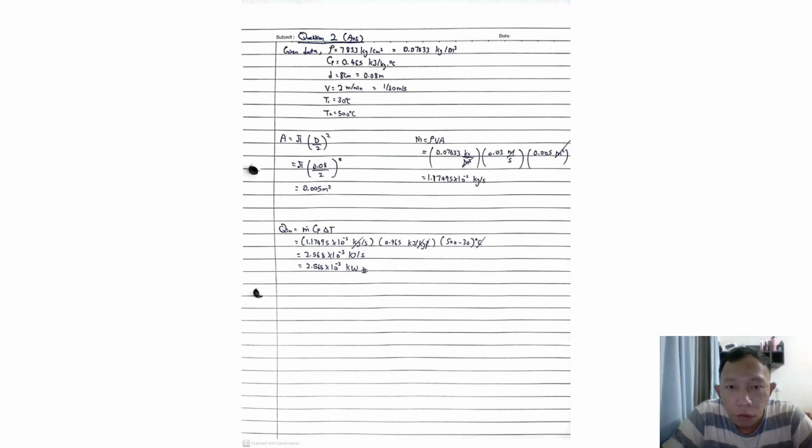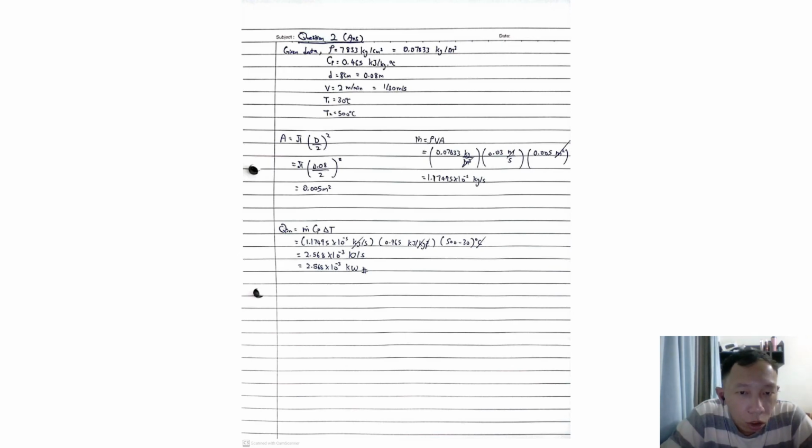The m dot is mass flow rate, density 0.07833 kilogram per meter cube times velocity 0.03 meter per second times area 0.005 meter square, and we get 1.17495 times 10 to the power of -5 kg per second.